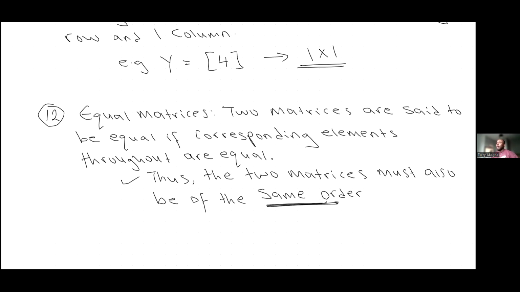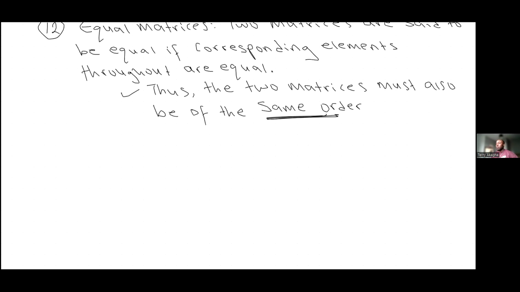So let's say we have, for example, Z is equal to A, B, C, D, and let's say S is equal to 3, 2, 1, and 4.